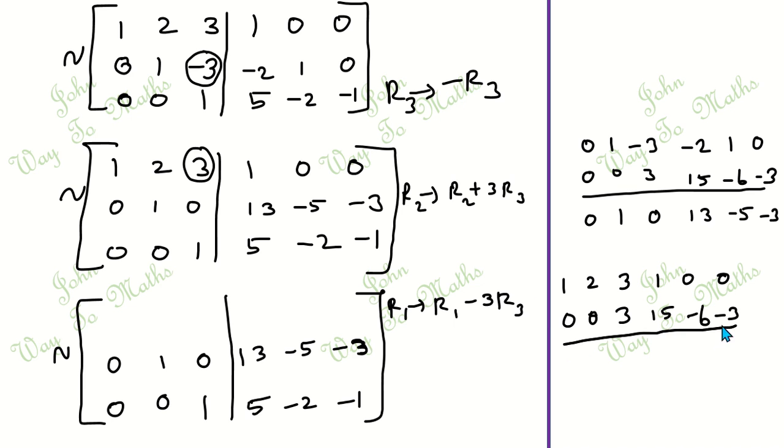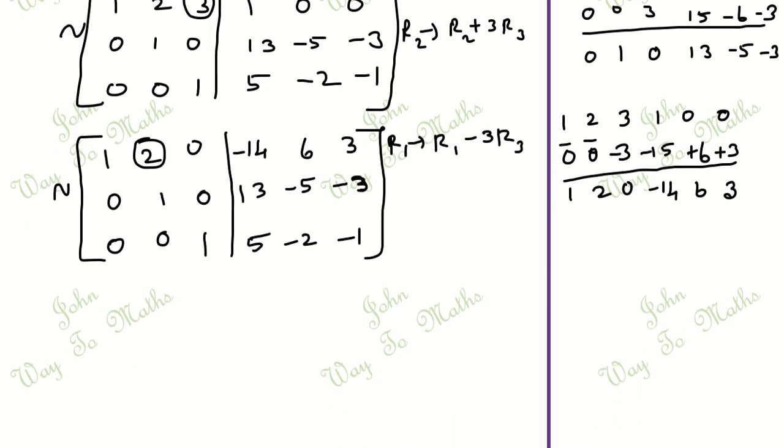So we enter 1 2 0 minus 14 6 3. Next I'm going to change the 2 into 0.